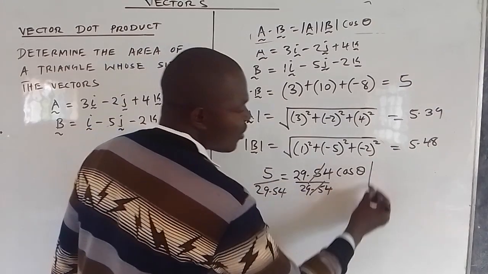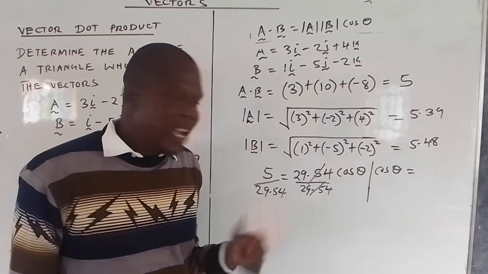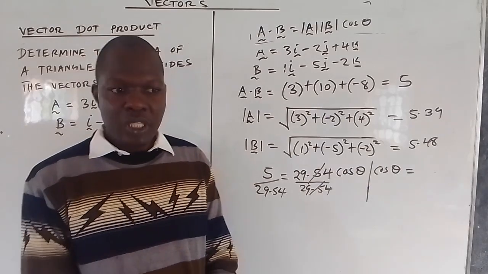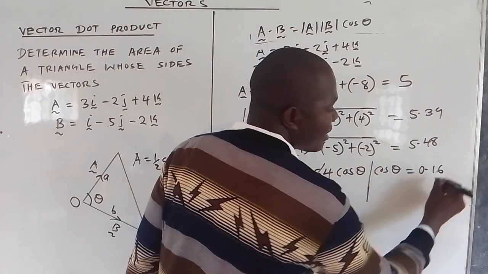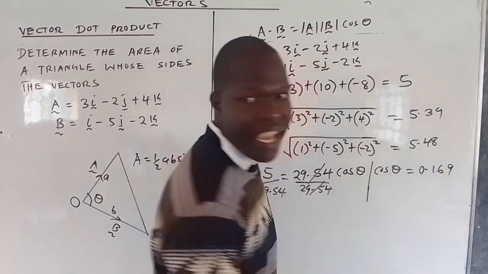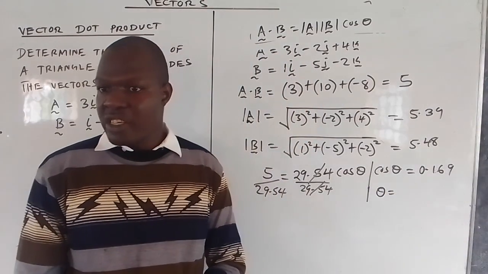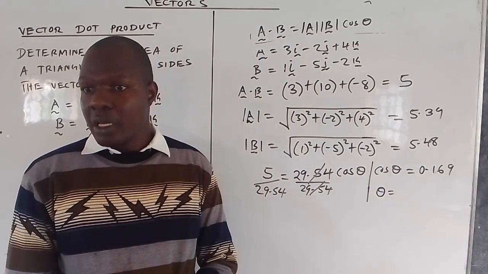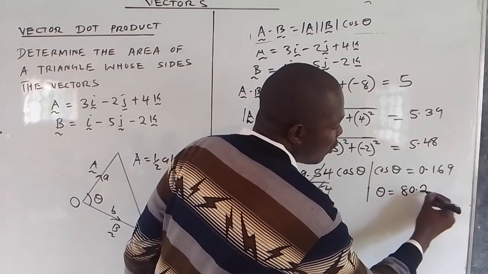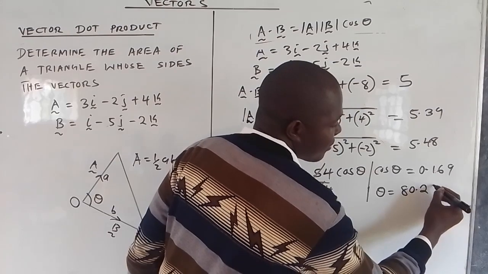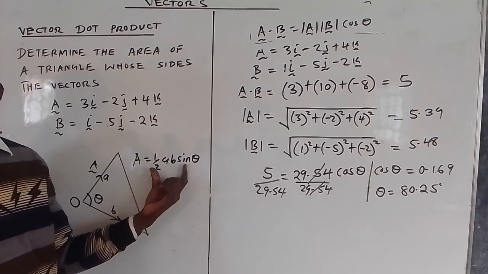So cos theta is 5 divided by 29.54, which is 0.169. So theta is the cos inverse of 0.169, which you found to be 80.25 degrees.